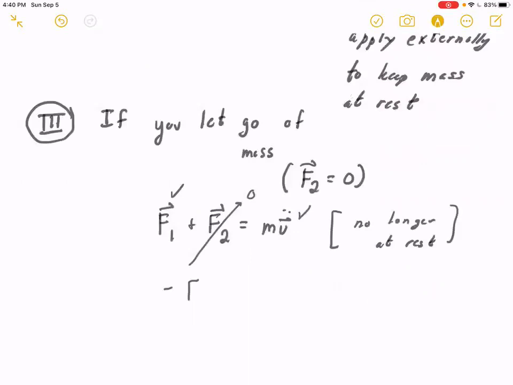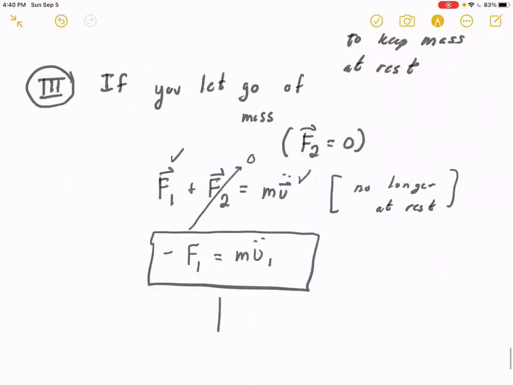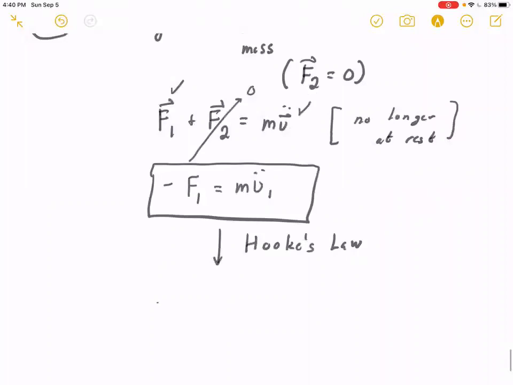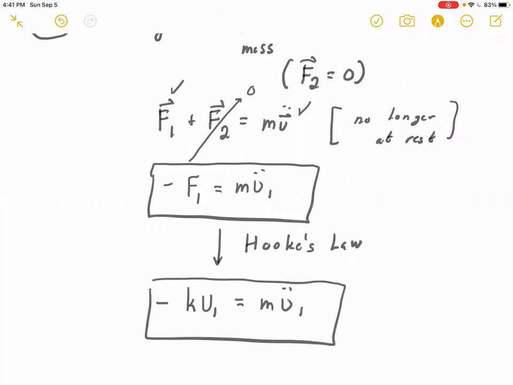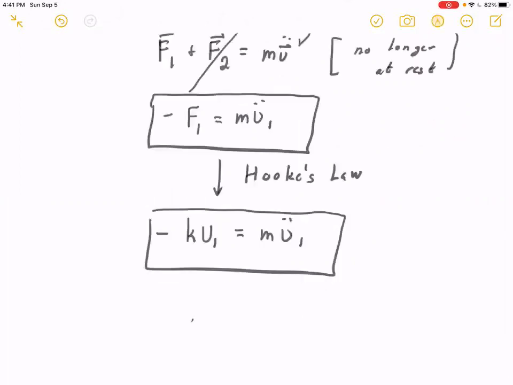And now if I resolve this vector equation to its components, I only get that scalar equation. I know how to simplify this scalar equation. Hooke tells me how to do it. The restoring force F sub 1 is proportional to the displacement of the mass from its equilibrium position. And I finally have an equation which I can write.